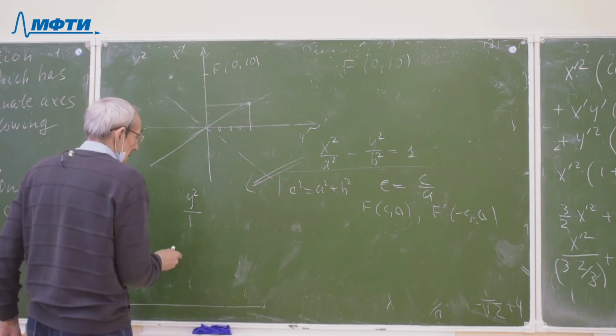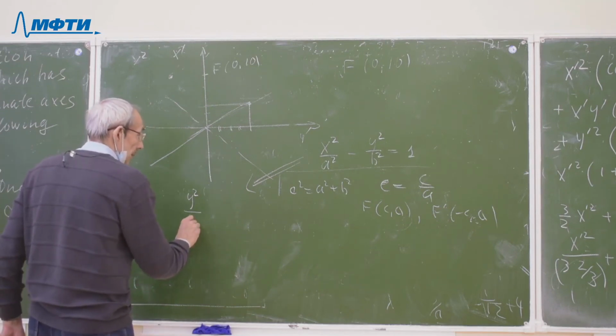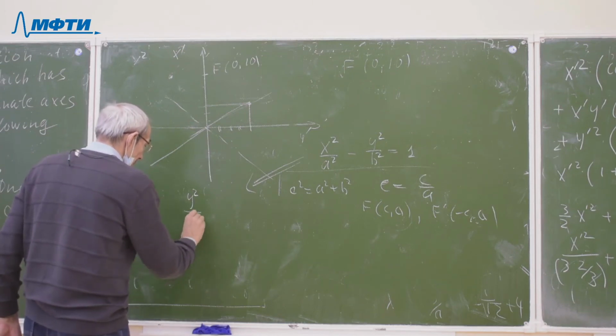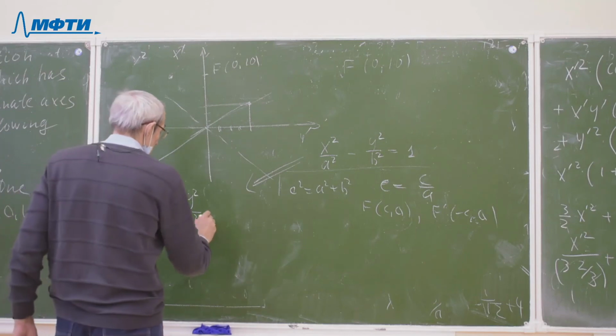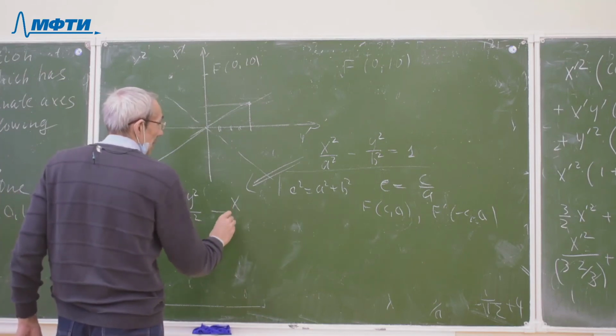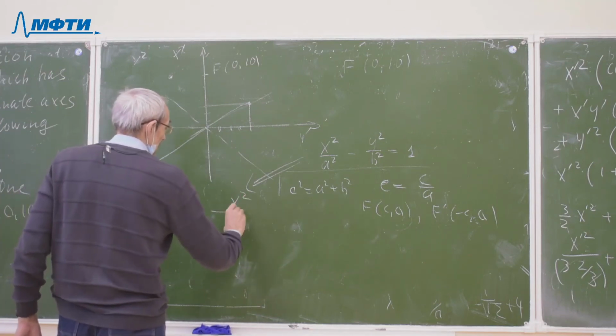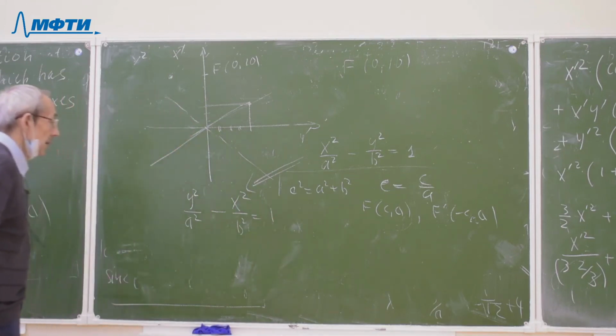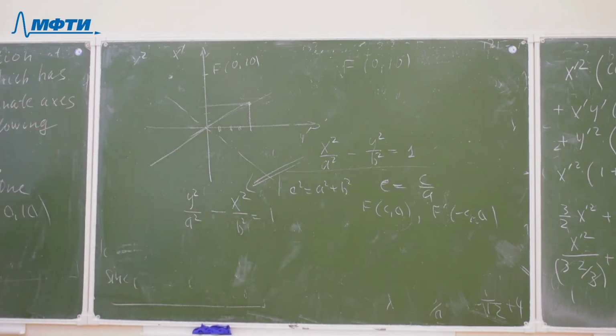y square over a square minus x square over b square.